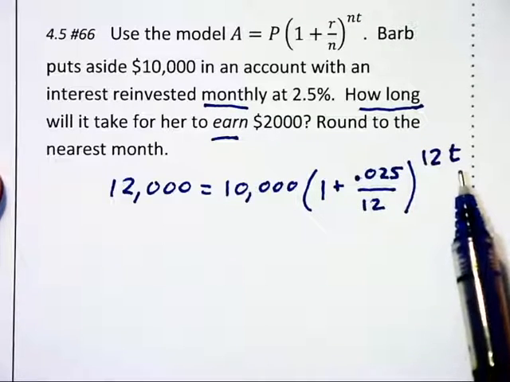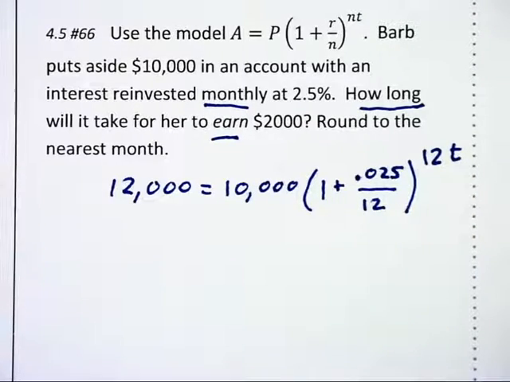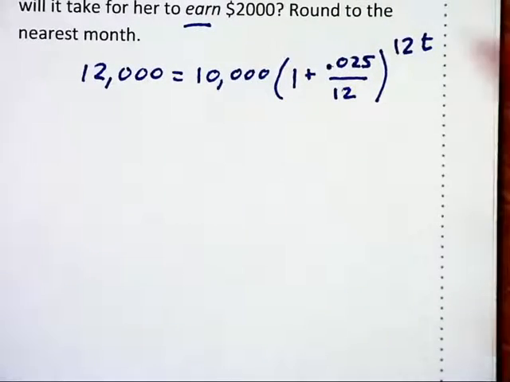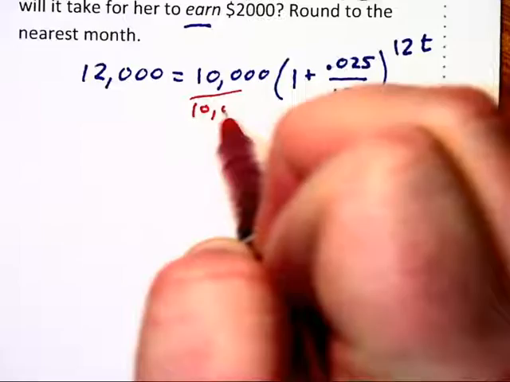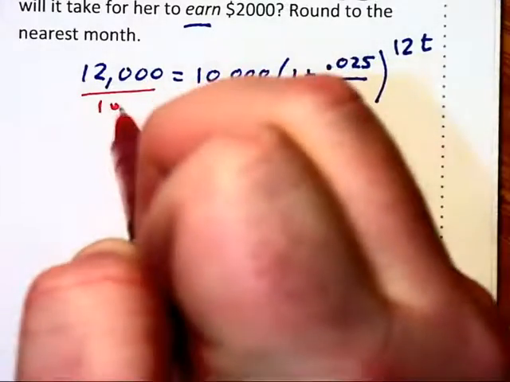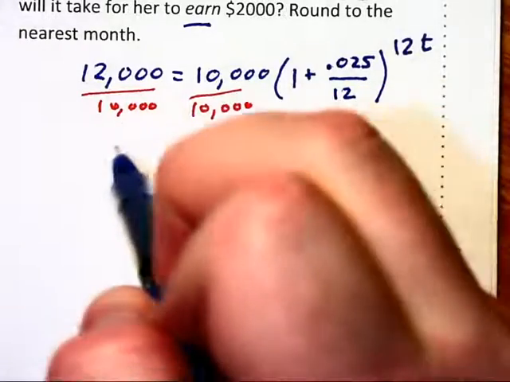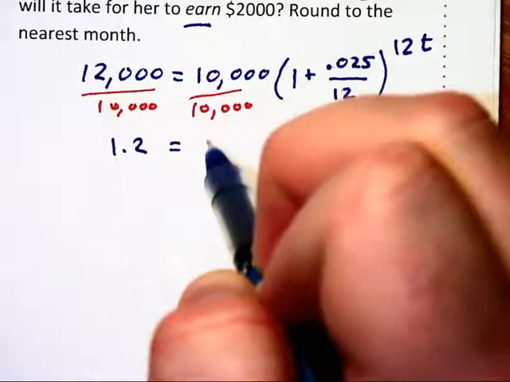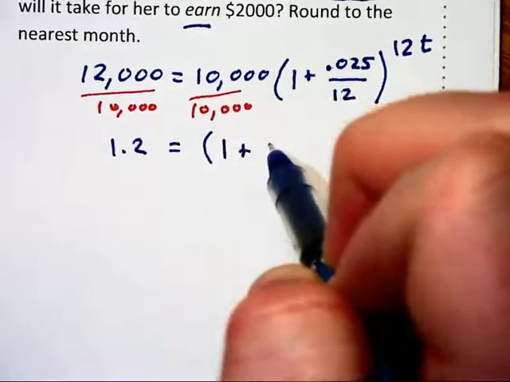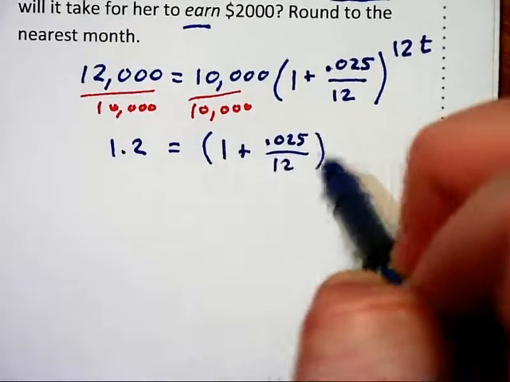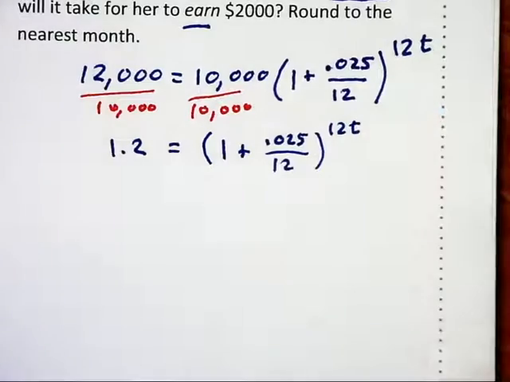Our t is up in that exponent position, so we're going to have to use logarithms. But before we do that, let's begin by dividing off this 10,000 on each side. That will give us, on the left, 1.2, and on the right, this parentheses, 1 plus 0.025 over 12, all to the 12t power.